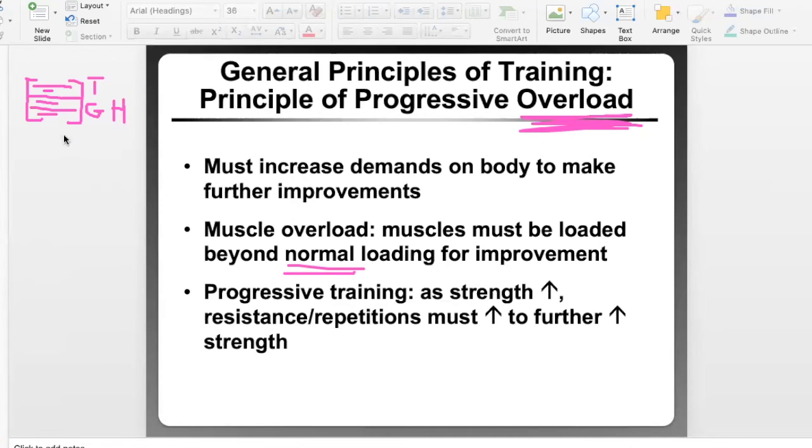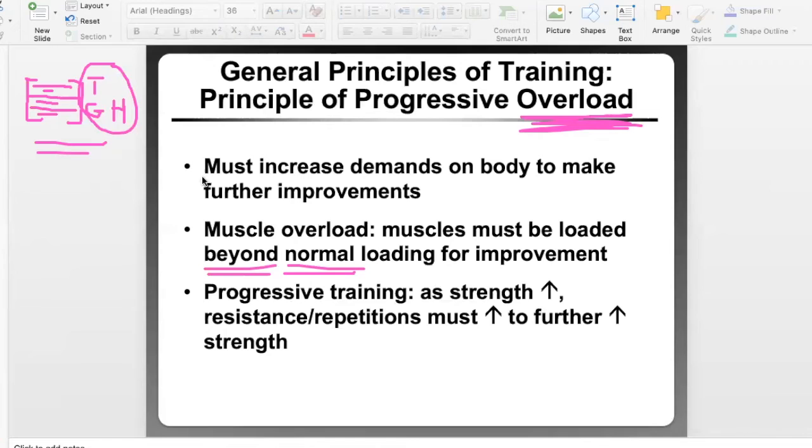So in order for these gains to be made, the body almost needs to think that it's going to get broken or break down. You need to load, or you need to work beyond your normal levels, because if it's normal levels, then your body can already handle those normal levels. So the hormone response is not going to be there.